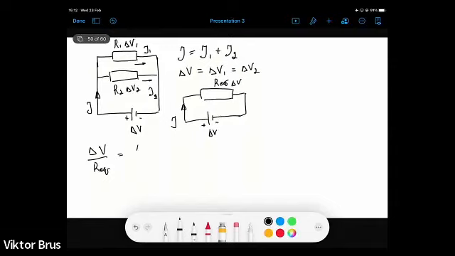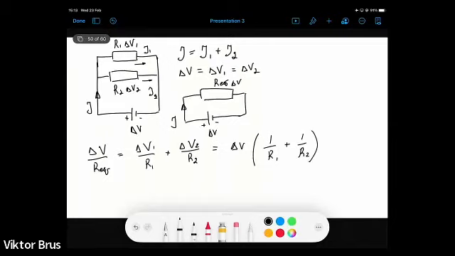So here it should be delta V1 divided by R1 plus delta V2 divided by R2. Assuming that delta V1 is equal to delta V2, we can write delta V as a sum of 1 over R1 plus 1 over R2.